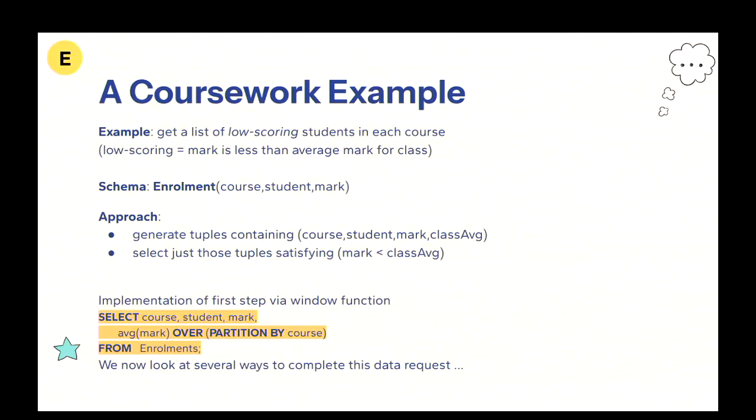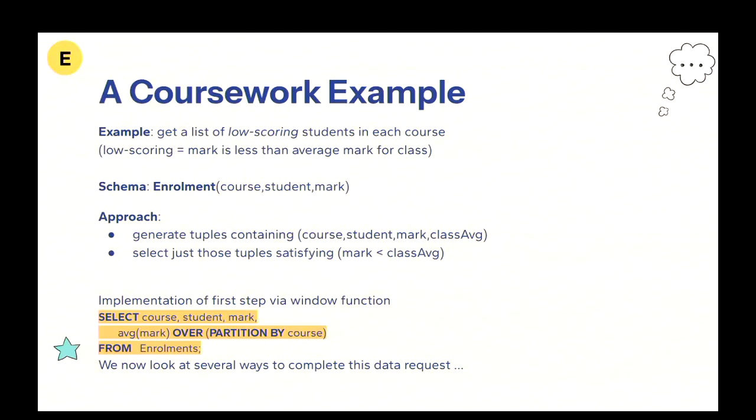So remember what we have learned in the previous example. We can use partition by to calculate the average mark for each course, just like how we calculate the average temperature for each city. So the first step could be implemented with this query here.